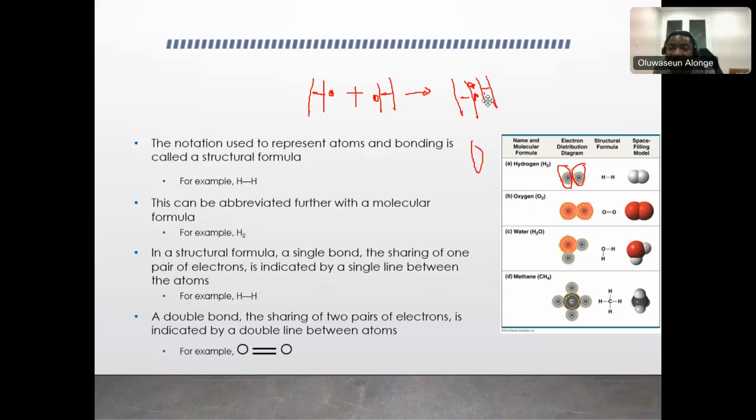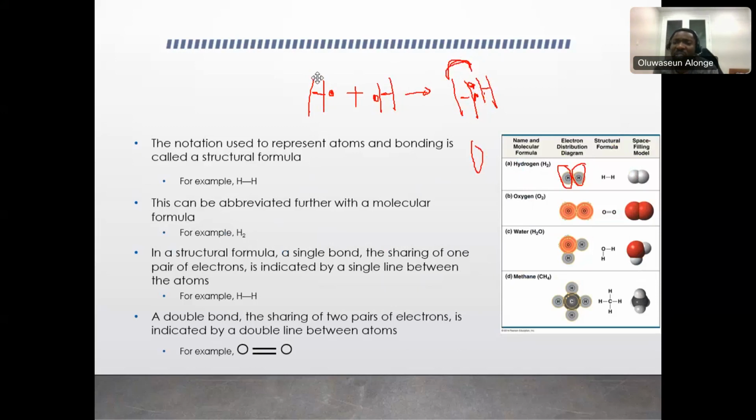Now, the idea of this is that whenever you see this new hydrogen molecule, if you are looking at this from this side, this first hydrogen atom has a complete first shell, which is 2, because this has 1 electron in its first shell, so it's unstable.